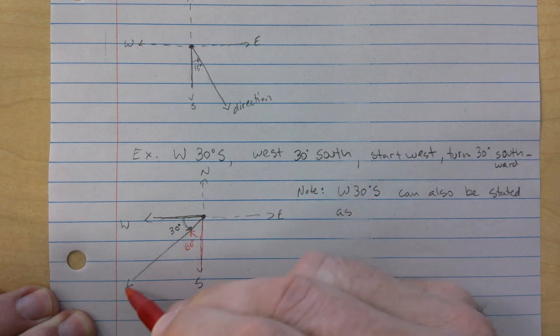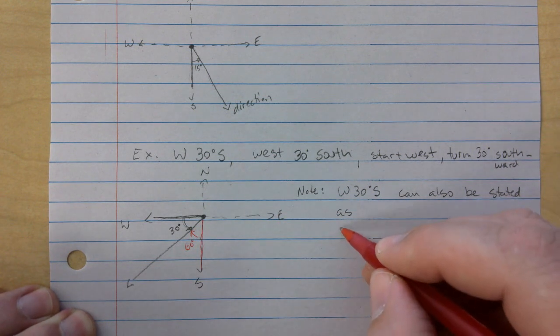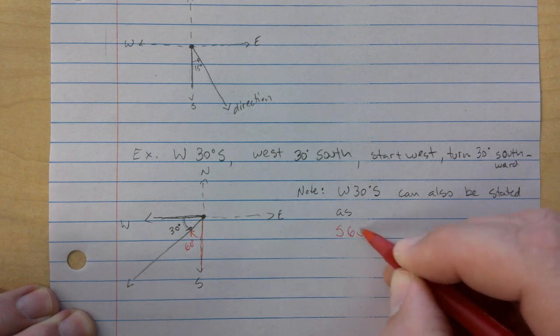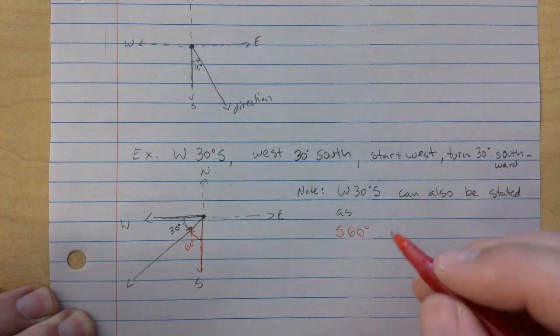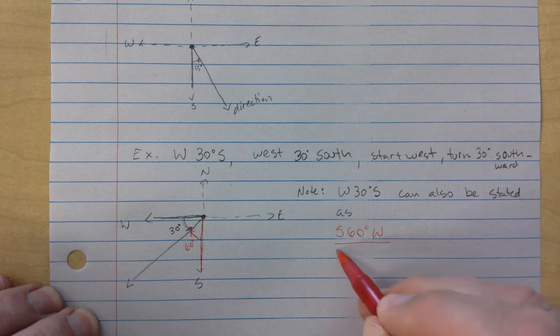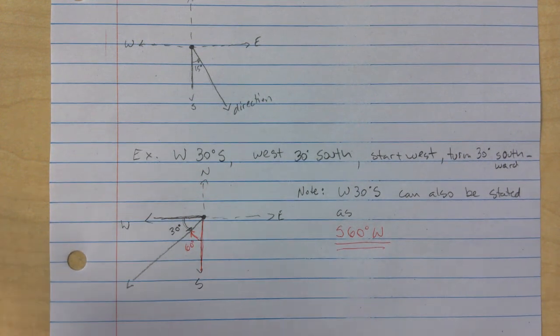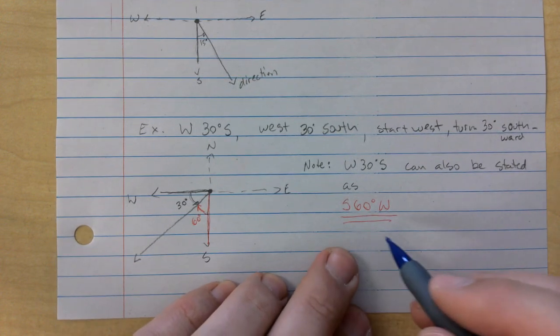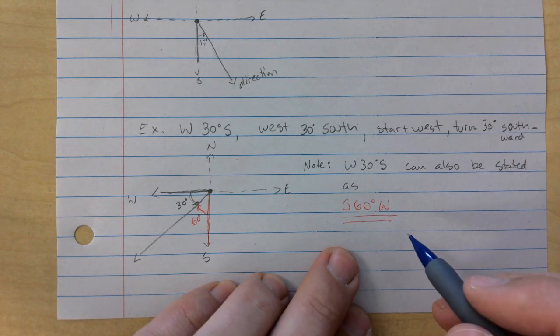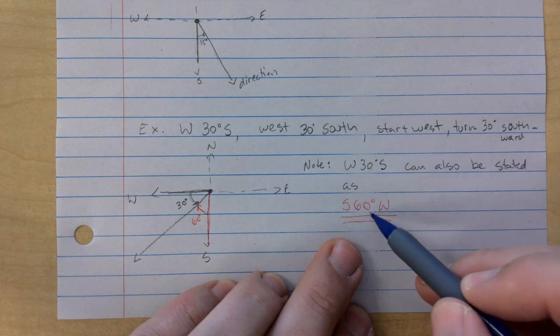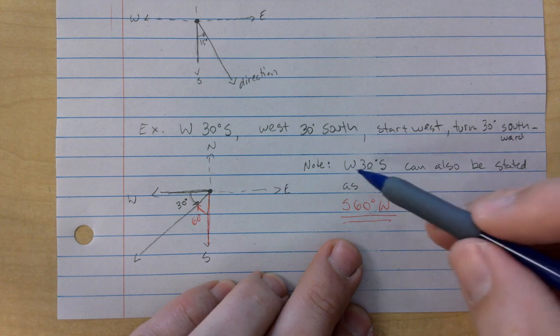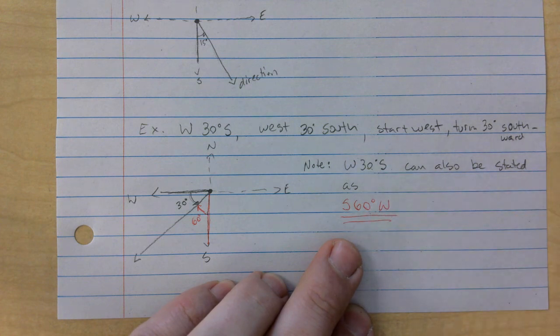So we're talking about the same direction, but we would say south 60 degrees west. Like you would start south and then turn 60 degrees towards west. Same direction. These are both going in the same direction, right? West 30 south or south 60 west. I hope that makes sense. You got to be able to look at it both ways, right?